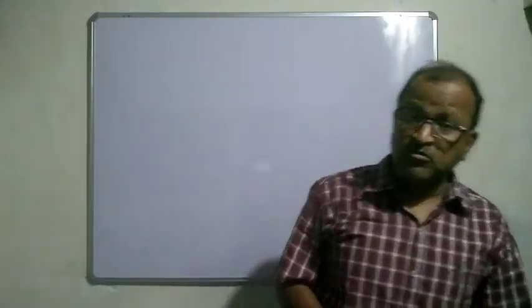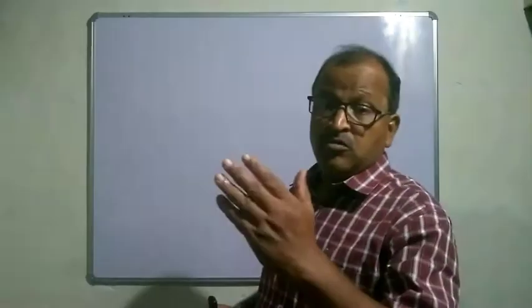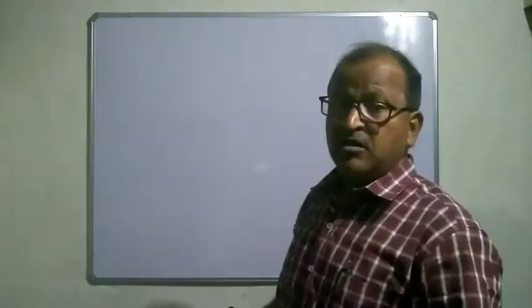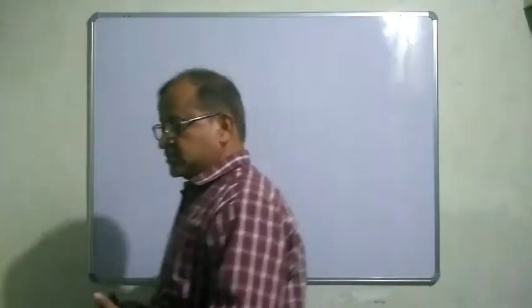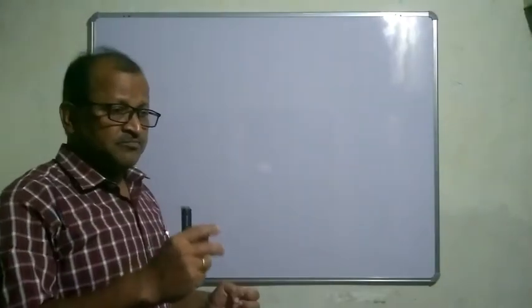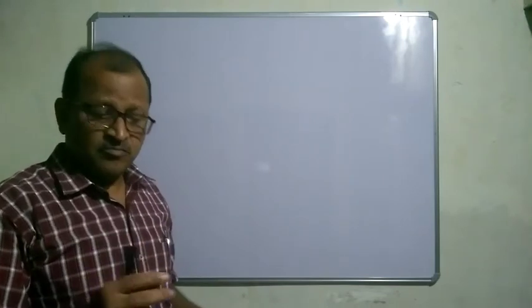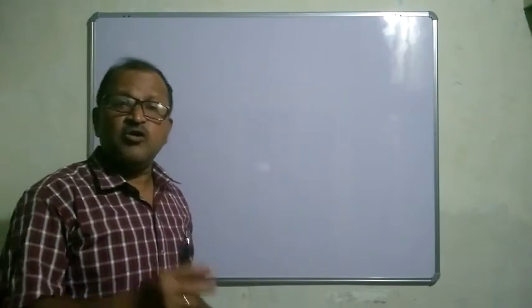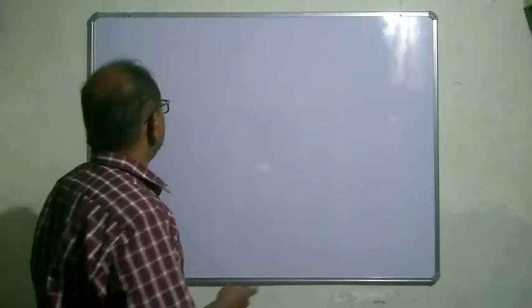I have told you to describe the method, the process to draw vectors making them co-initial. Suppose there are two vectors.